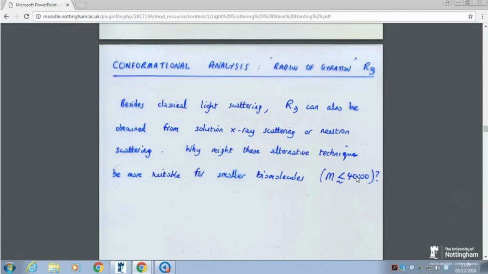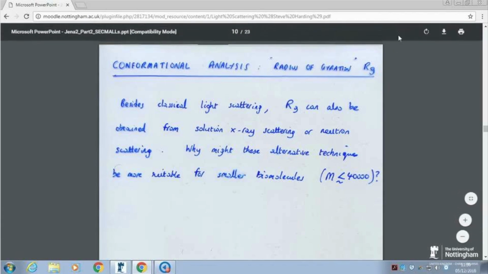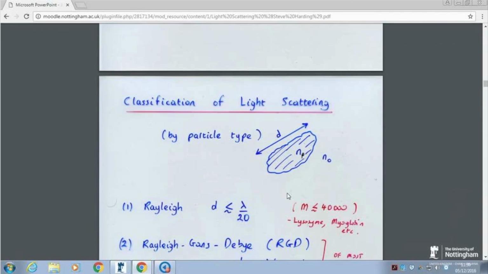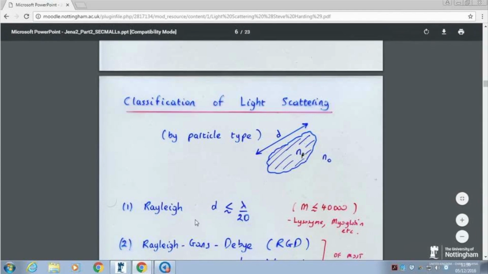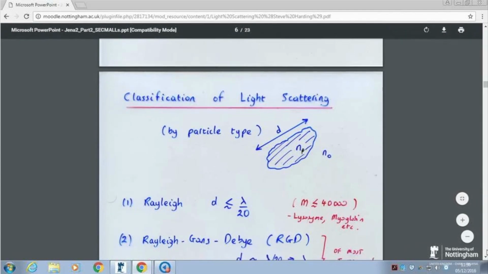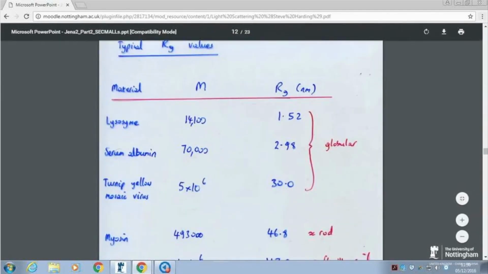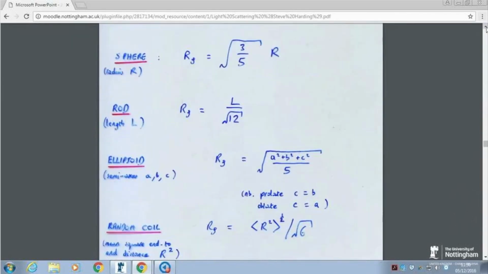Why do you think X-ray scattering and neutron scattering are better than light scattering for very small particles? That's right. The wavelengths are much smaller. So when we get to much smaller wavelengths, then it's very easy to satisfy this criterion for macromolecules. Same with neutrons. And if we do structural biology, then we will do X-ray scattering in the next semester.